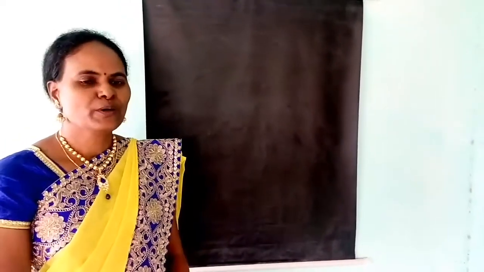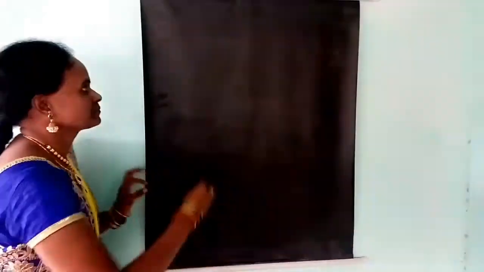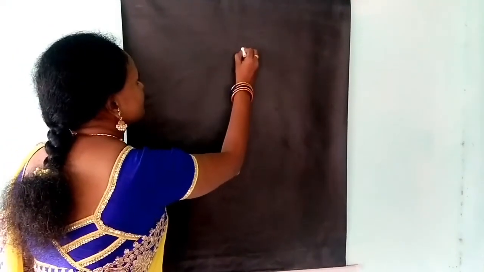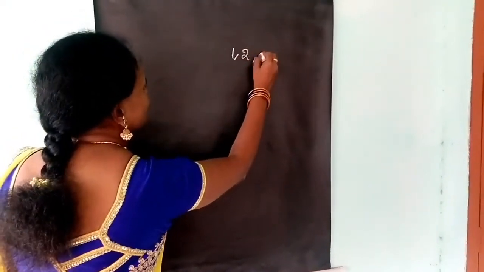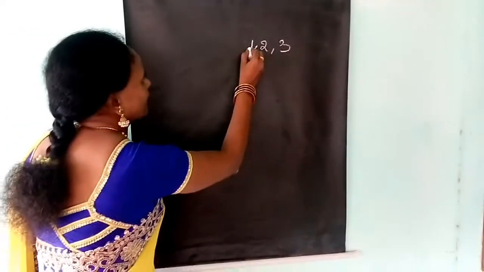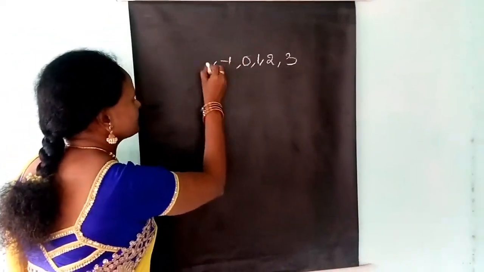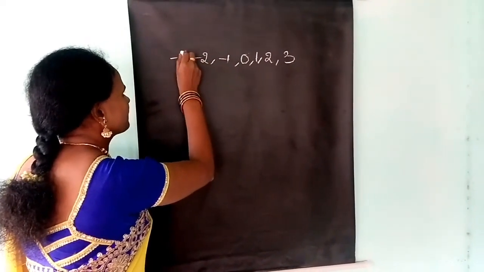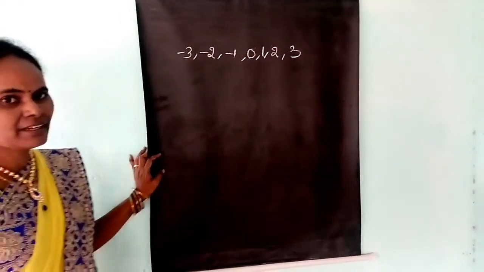Children, now come back to integers. 1, 2, 3 and 0 and -1, -2, -3. These are the integers.